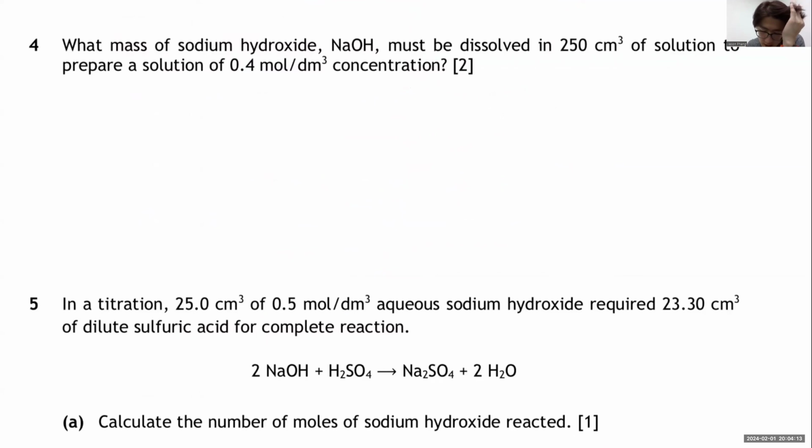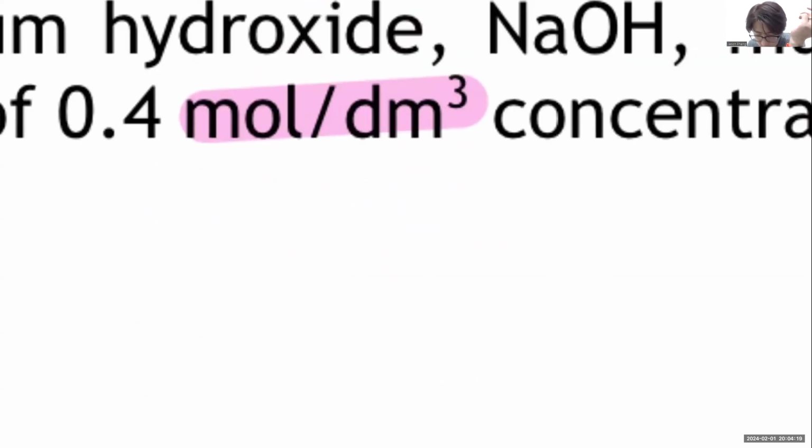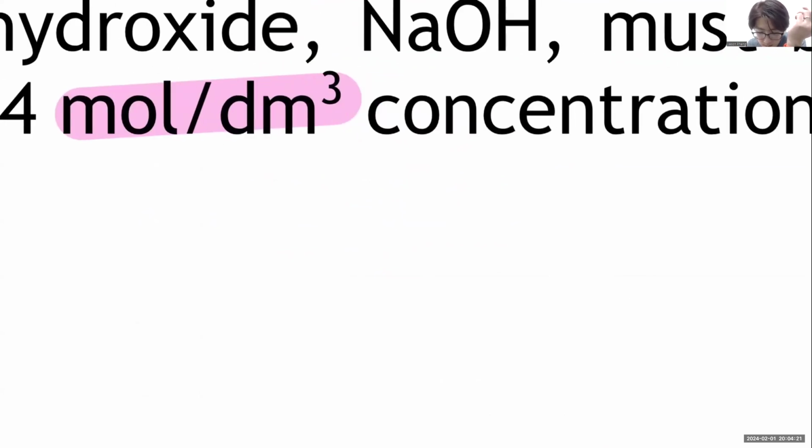Okay, now I have NaOH must be dissolved in 25 to prepare this. Ooh, look at this. This is a unit for concentration, yes. But how do we read this? Mole per dm cube.